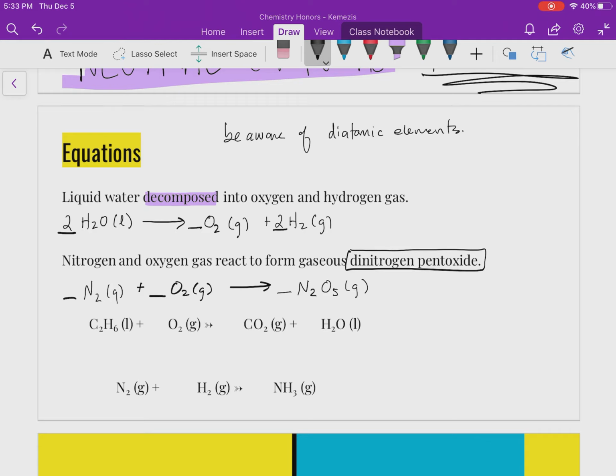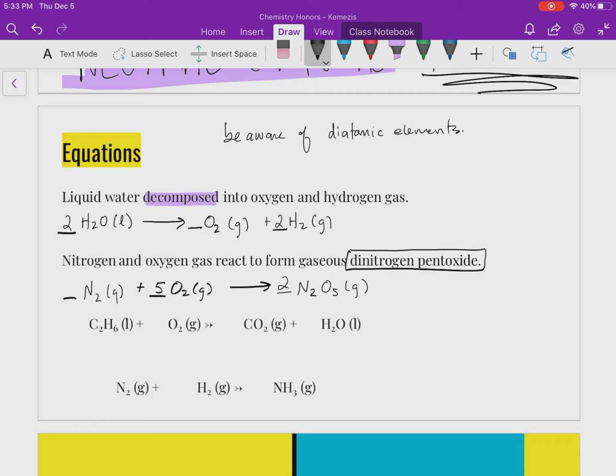When you're doing coefficients, we generally do whole number coefficients. So if you're looking at oxygen on the right side, we have 5, and if you're looking at oxygen on the left side, we only have 2. There's no common factor between 5 and 2, but what we could do is put a 2 in front of the N2O5. This now gives me 10 oxygens, so I would have to put a 5 in front of the O2.